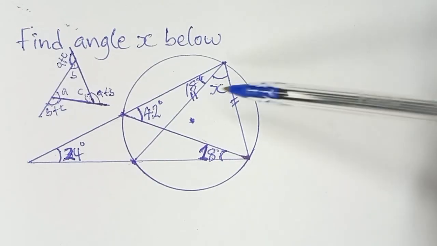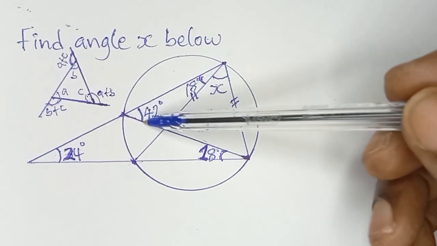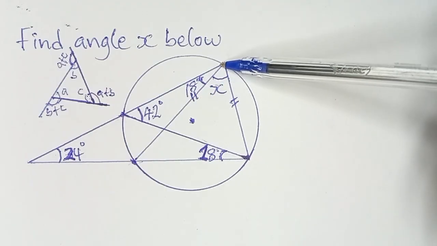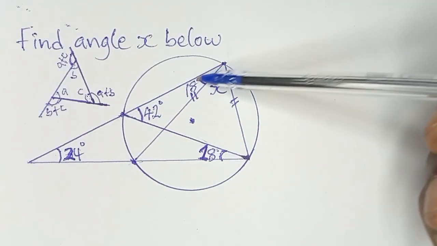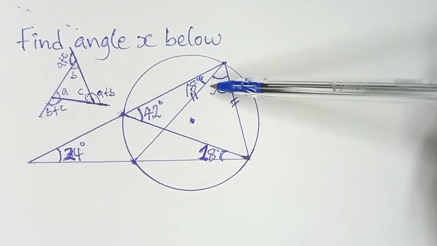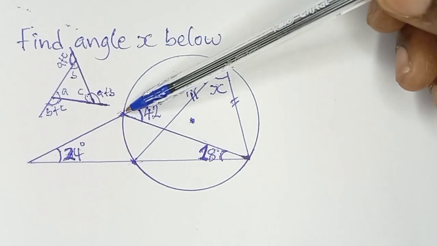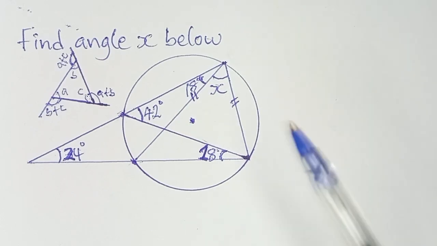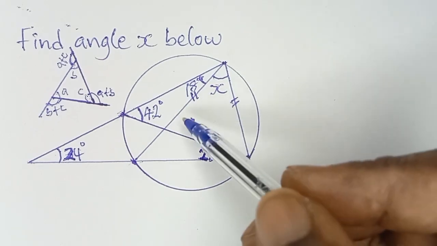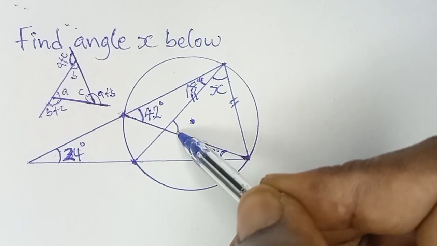Now that we have this angle, let's look at this triangle. If you look at this triangle, you agree with me that one of the lines of the triangle is extended outward. You can see this line coming out like this. So this angle here is going to form an exterior angle of the triangle.